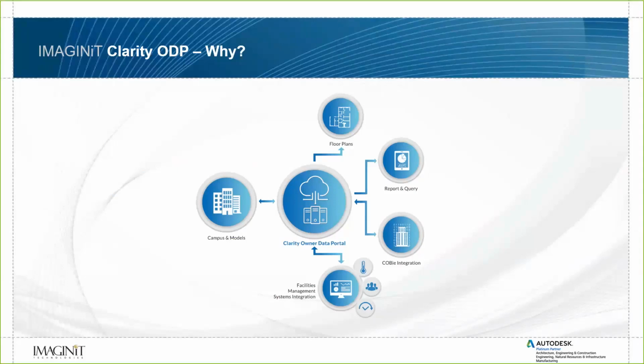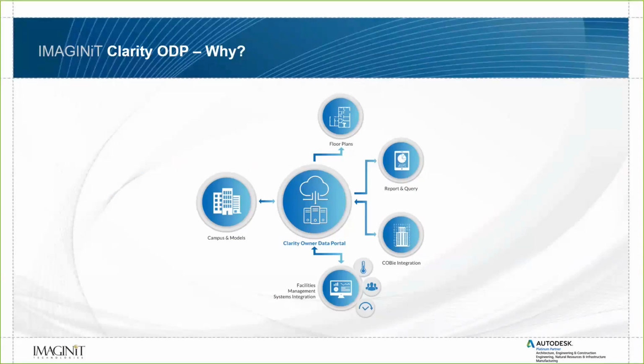And as much as we can, you'll see a lot of those places are going bidirectional. So we can take the information that we've got and export it out to floor plans, export it out to reports and queries. But maybe there are some places where, as we're going to and from a facilities management solution, we want to go both directions, with something like an Archibus solution, as an example.